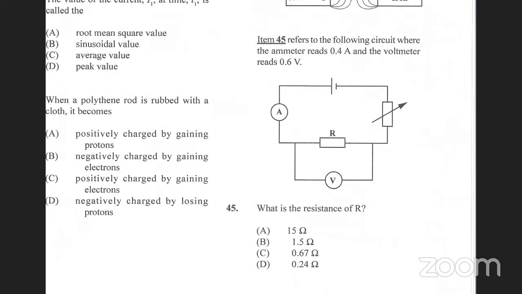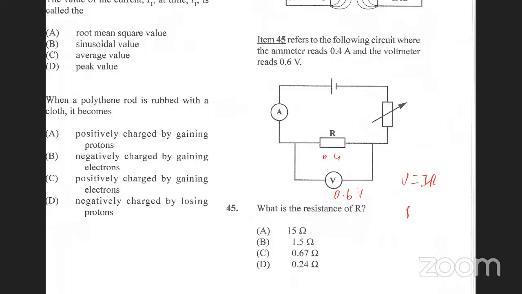Item 45 refers to the following circuit where the ammeter reads 0.4 and the voltmeter reads 0.6. What is the resistance R? Right? What do we do here? We know the voltmeter reading and we know the current. The voltmeter reading is 0.6 and the ammeter reading, which would be the same current, is 0.4.